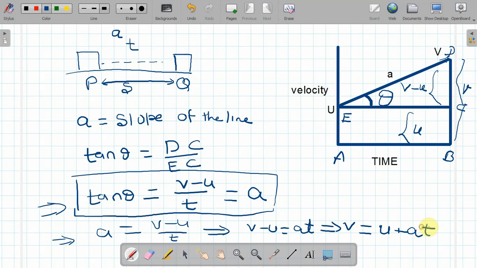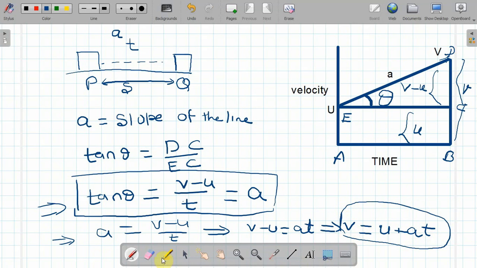So this is the first equation of motion. This is how the first equation of motion is derived. Don't forget this equation of motion, it is very important while you solve the numericals.